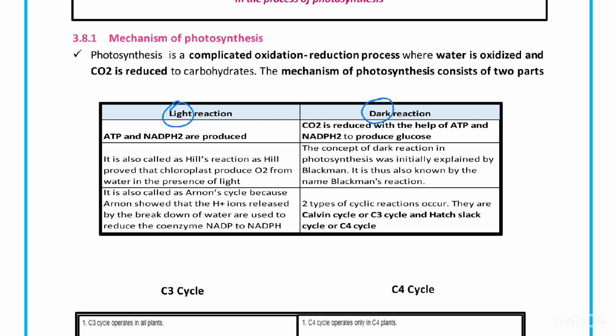In the very first phase of light reaction, sunlight is being captured by the chlorophyll that is present inside the thylakoid of the chloroplace that we have just discussed, and water that is absorbed by the plant gets broken down into hydrogen and oxygen.